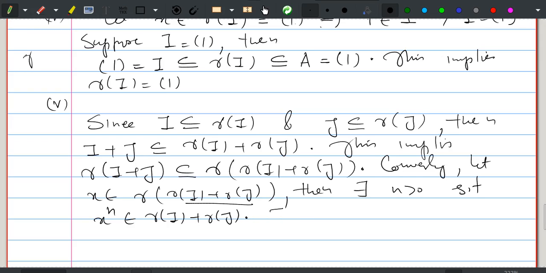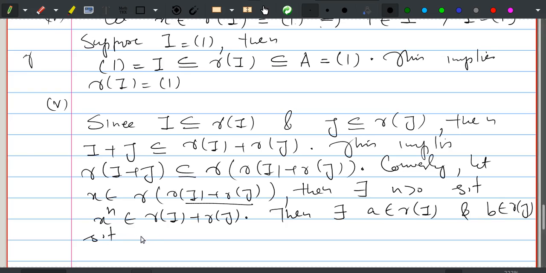So then there exist a in radical of I and b in radical of J such that this element over here is the sum of these two elements.